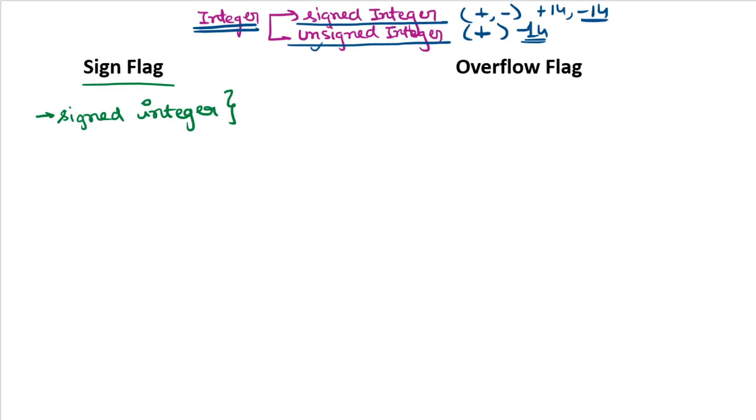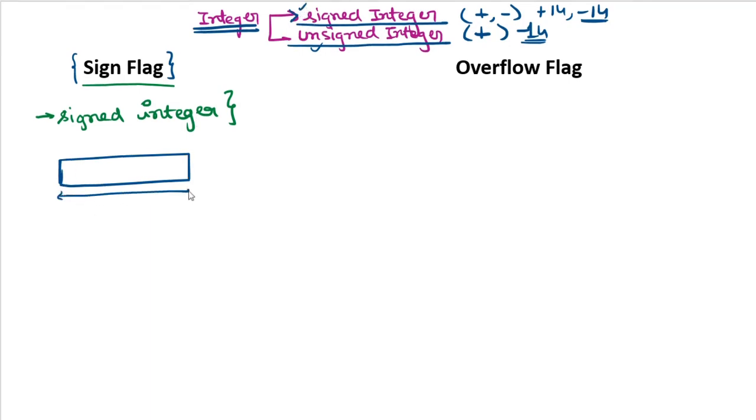So the sign flag is only relevant when we are putting a value of an integer that is represented in signed integer format. Signed integer is nothing but a format in which we represent any number.